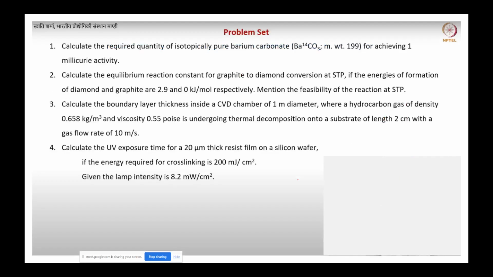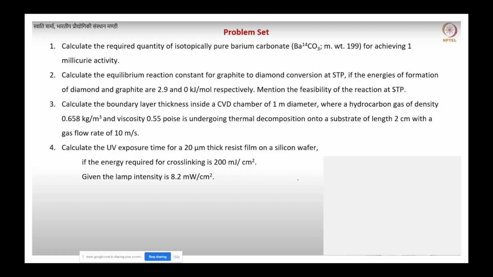So let us discuss some good problems that will help to clear some concepts. This is a problem set where we have to calculate the required quantity of isotopically pure barium carbonate for achieving 1 millicurie activity. Calculate the equilibrium reaction constant for graphite to diamond conversion at STP, standard temperature and pressure, if the energies of formation of diamond and graphite are 2.9 and 0 kilojoule per mole respectively, and mention the feasibility of the reaction at STP.